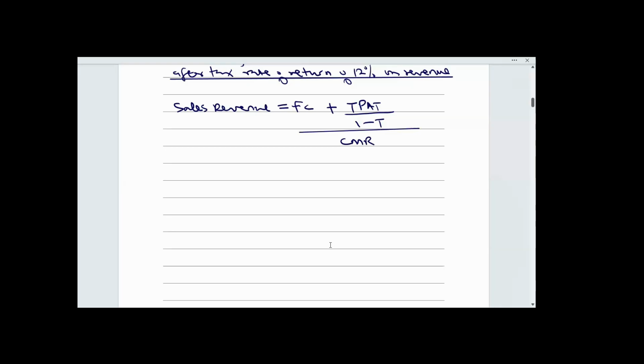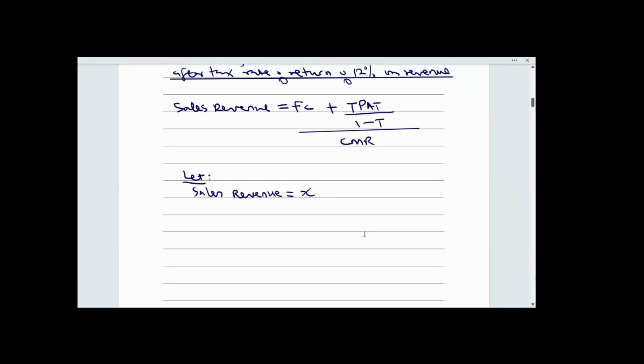That's the formula we are going to use, because you want to earn a rate of return of 12% after tax. Therefore, we can then say let sales revenue equal X. I don't know the sales revenue.